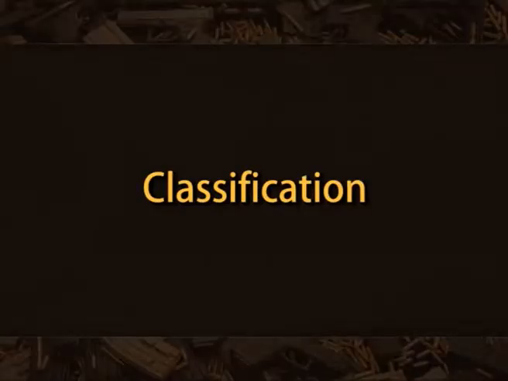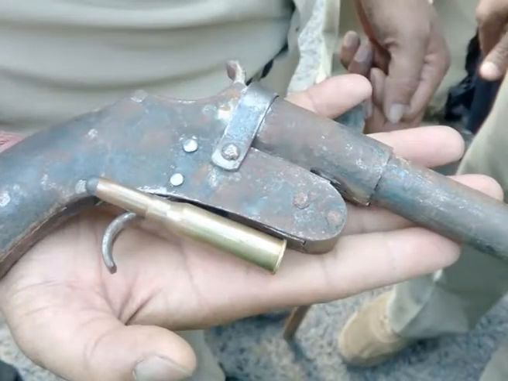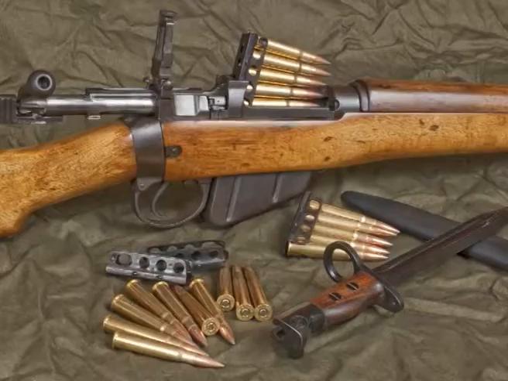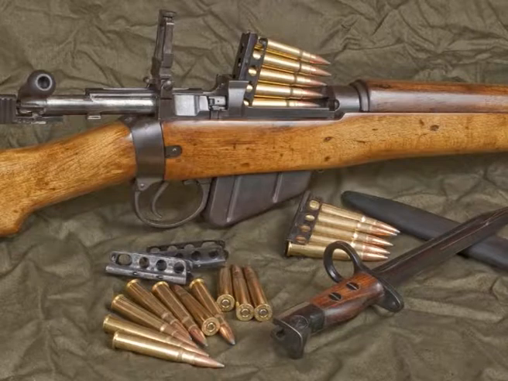Now coming to the classification. The classification of country-made firearms cannot follow the classification practice of the standard factory-made firearms. They are classified with reference to the ammunition used in them. Thus, we have 12 bore firearms and 0.303 firearms.